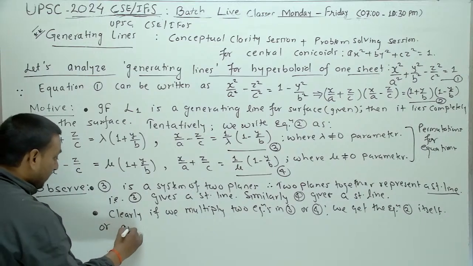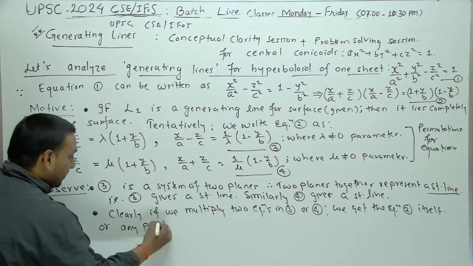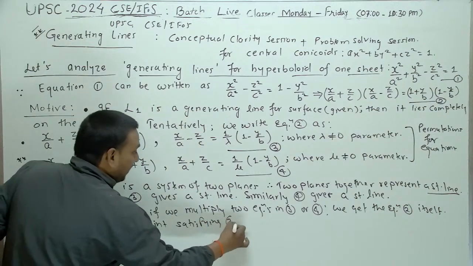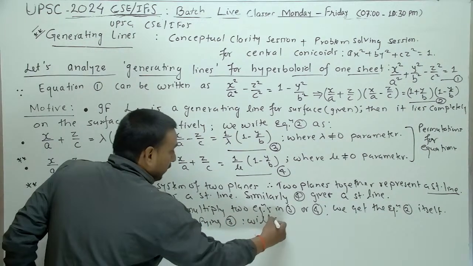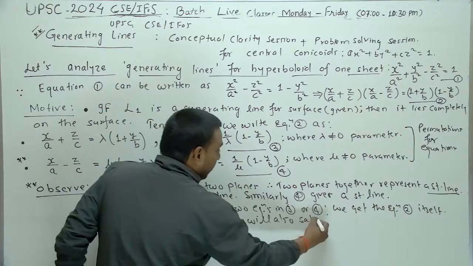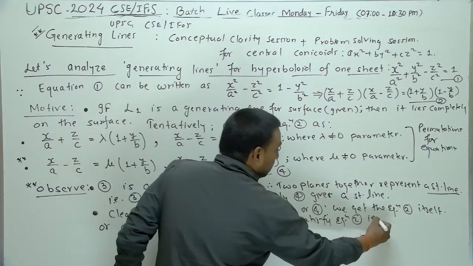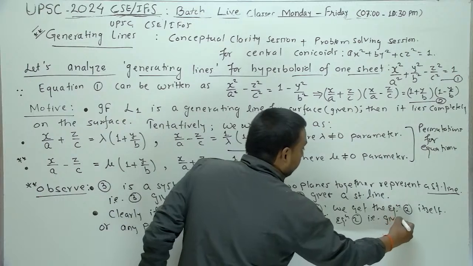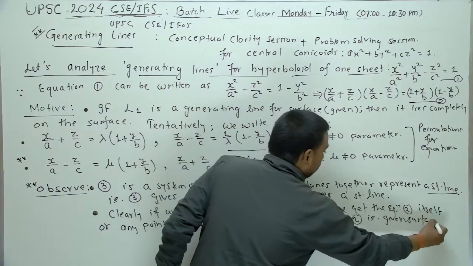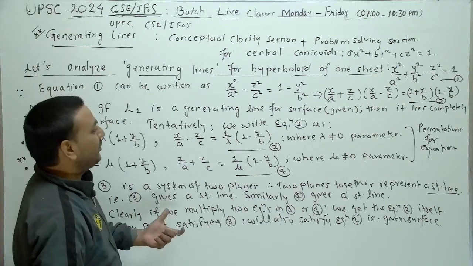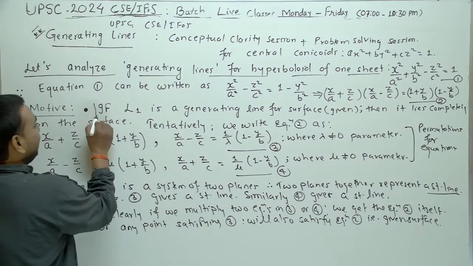Or any point satisfying 3 will also satisfy equation 2, that is the given surface. Yes or no? So what I told you, look carefully at this.